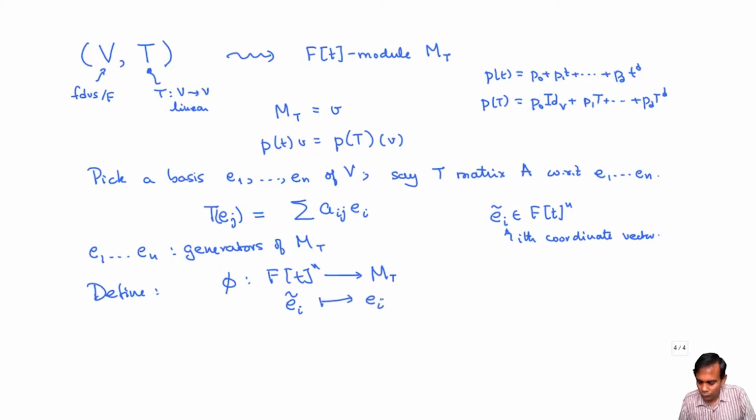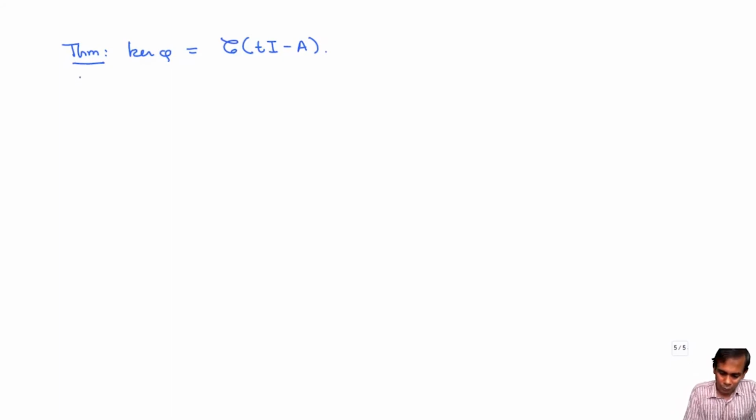So the question is, what is the kernel of phi? So the theorem that I'll prove now is that the kernel of phi is the column space of the matrix tI minus A. We've already seen this in the case of a simple 2 by 2 example. And now let's give the proof in general. So what's the jth column of tI minus A?